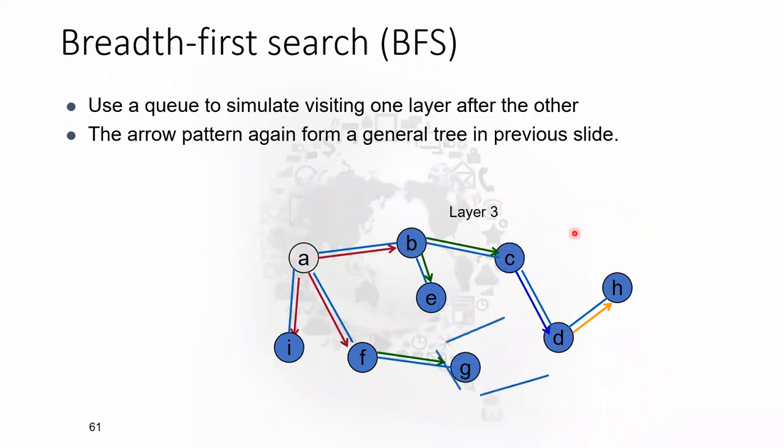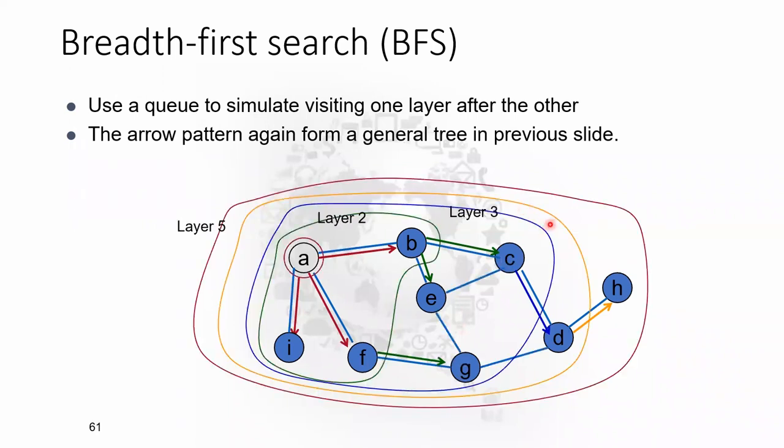Then we go to layer 4, which is the orange color, which is H. Then go to the outer one, which is layer 5. So from here, you have used a queue to simulate visiting one layer after another.